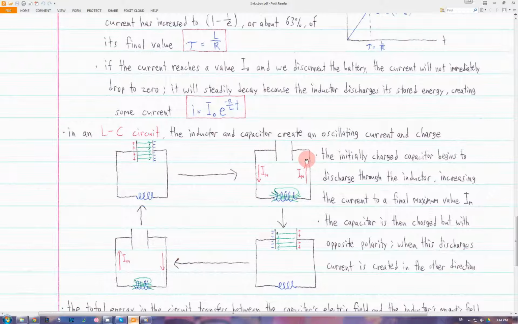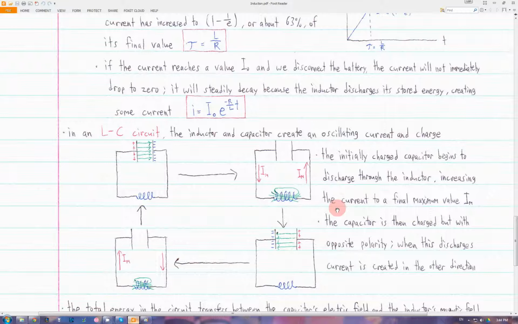And we know that when the current decreases, the inductor is going to slow down the decrease of current by releasing the energy it stored up. So then eventually, the capacitor is fully charged again, but with opposite sides. The plates have the opposite charge that they did initially. So the electric field is pointing the other way, and now the inductor has lost all of its energy again.